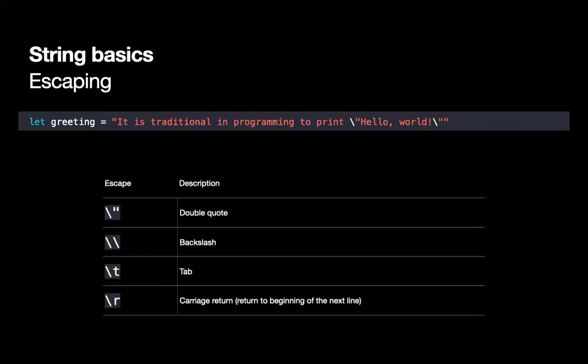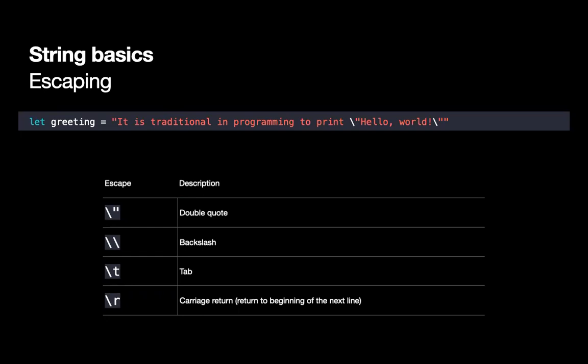These are the basics of the string, the escape characters and their descriptions. Here we have one constant called greeting, and we have assigned the string. It is traditional in programming to print hello world to the greeting constant.